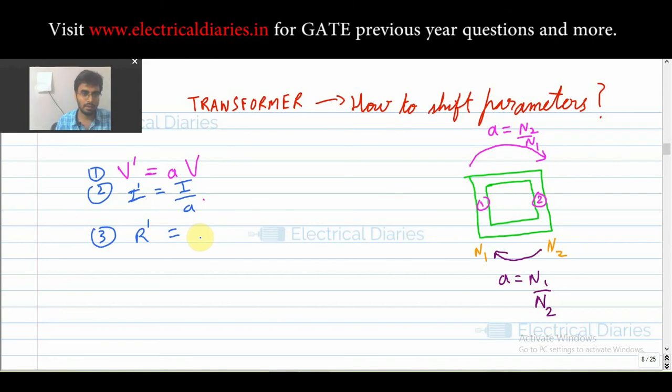R dash is equal to A square R. Your Z dash is equal to A square Z. Your X dash is equal to A square X. Okay, so this is the whole thing. That is how you need to shift these parameters.